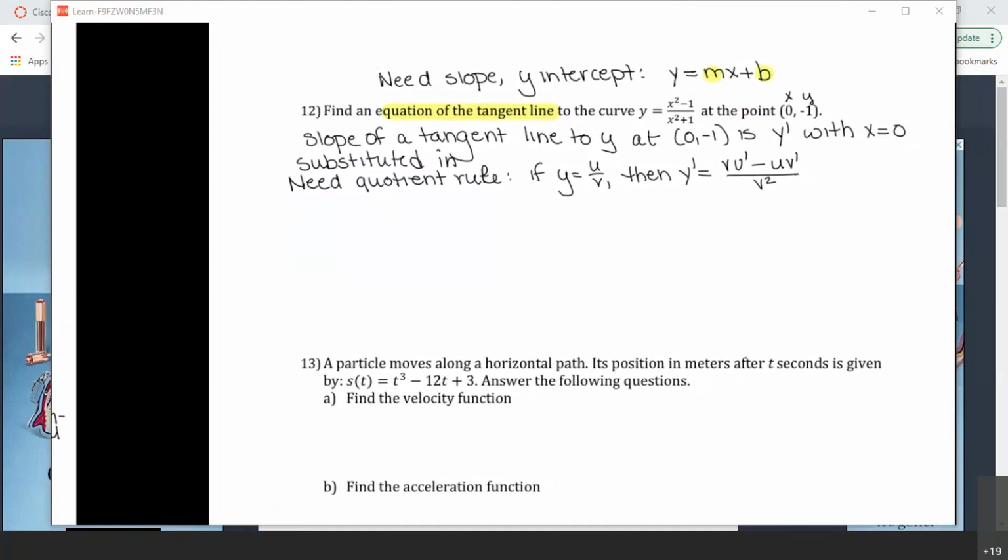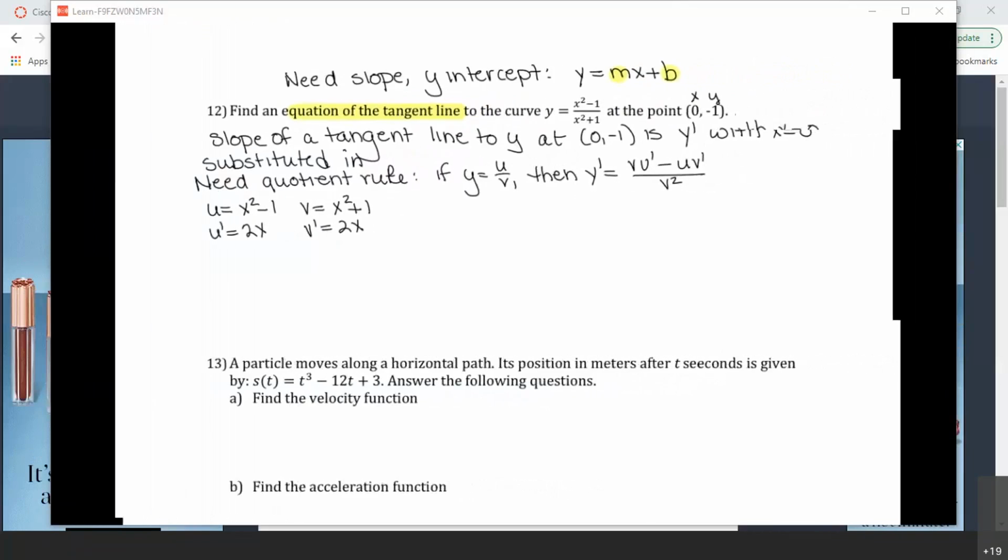So u is my top function. v is my bottom function. These are straight quadratics, so they're easy to differentiate. This gives me a 2x, and this also gives me a 2x.